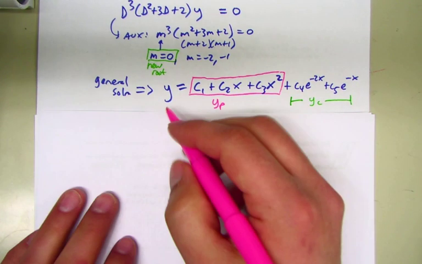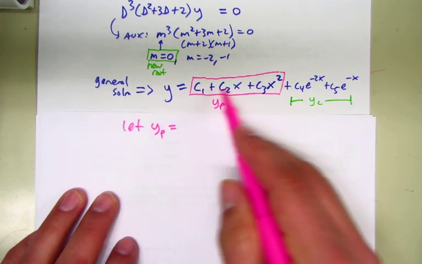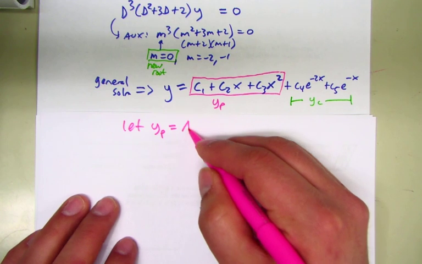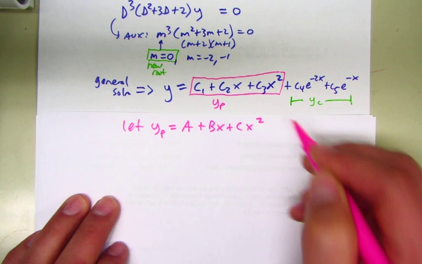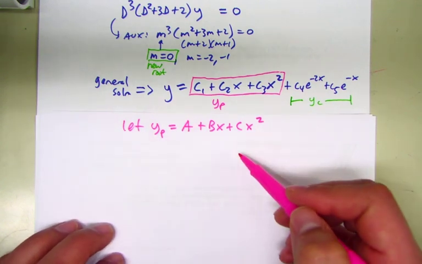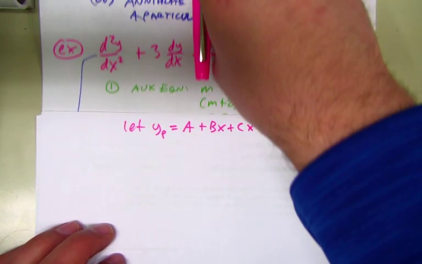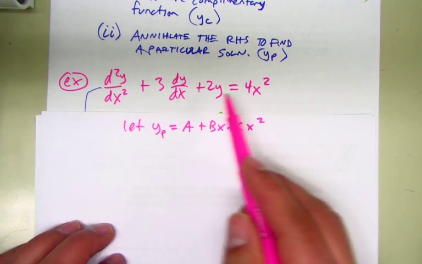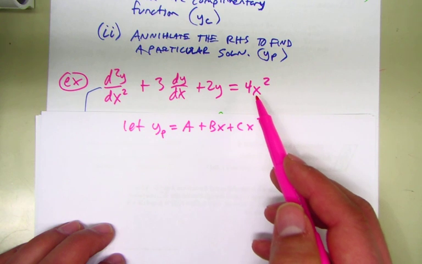Okay, so what we're going to do is let the particular solution, and just to make things a little easier, instead of using the subscripts and all that, I'm just going to rewrite it as a plus bx plus c x squared. Okay, so we're going to start with that. And now we're going to, again, plug this in to the differential equation to see what needs to happen for a, b, and c in order for us to get 4x squared.